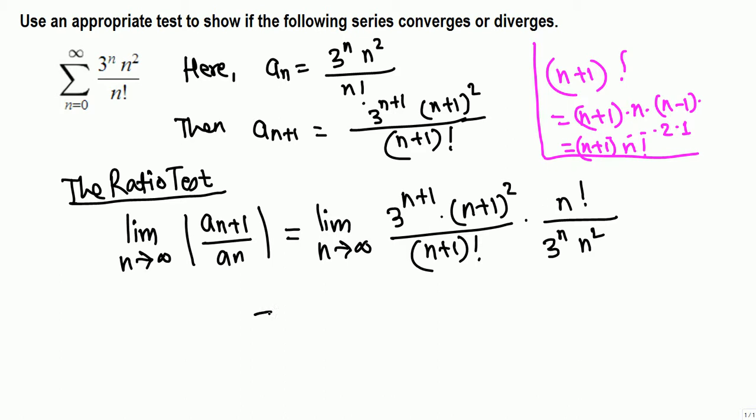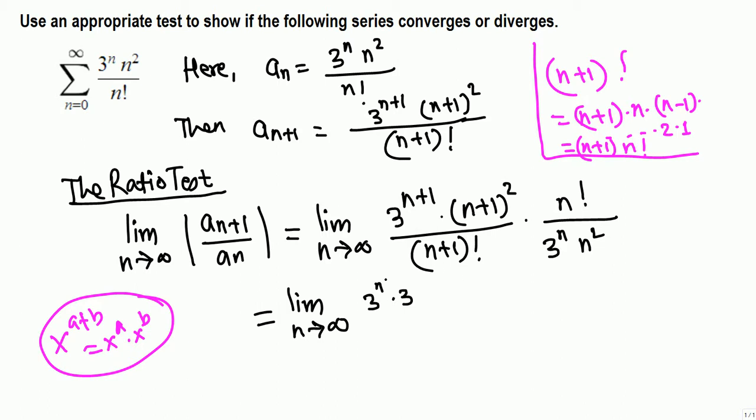Okay, let's simplify, and there should be some cancellations. 3 raised to n plus 1 is the same as 3 raised to n times 3 raised to 1. From the rules of exponents, whenever you have x raised to a plus b, that's the same as x raised to a times x raised to b.